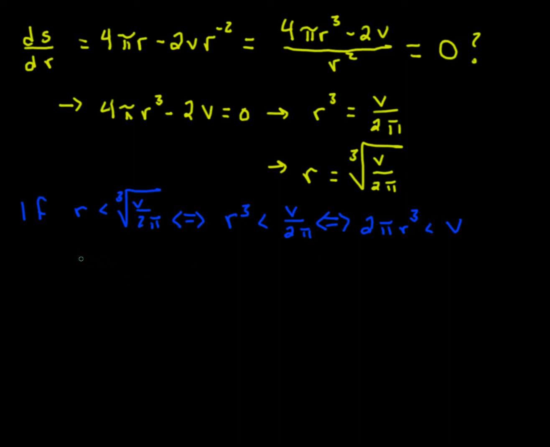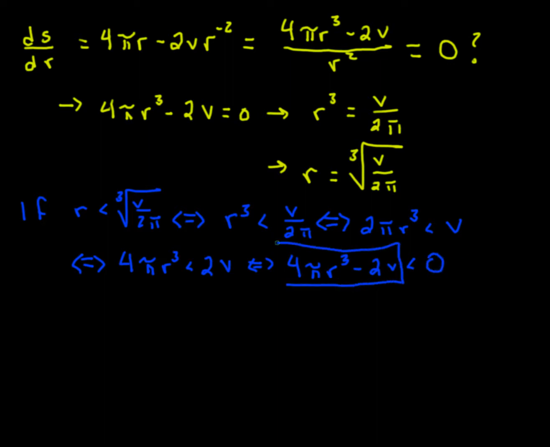And so this is true if and only if 4 pi r cubed is less than 2v. And of course, that's true if and only if 4 pi r cubed minus 2v is less than 0. And notice this is our numerator in the above function for ds/dr.